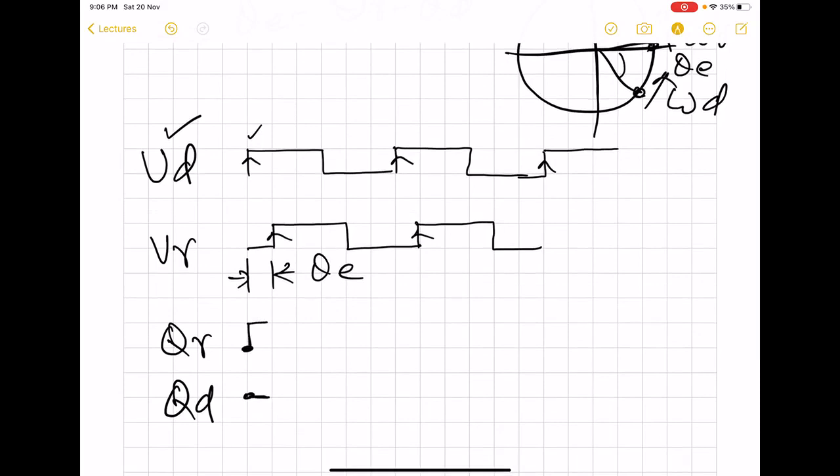Then we see that after a delay corresponding to theta E, the phase error, the rising edge of VR occurs. So the system is in state 1, and then here a rising edge of VR occurs. So this will bring back the system to state 0. And QD, of course, remains 0.